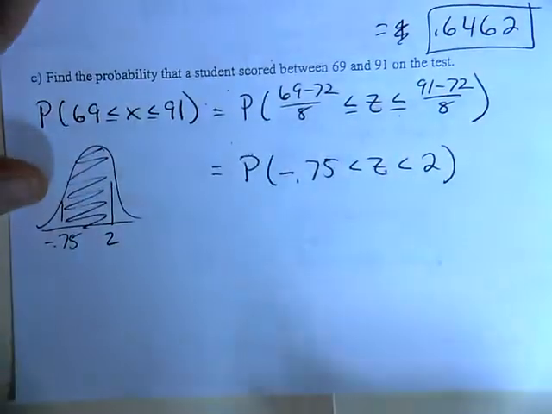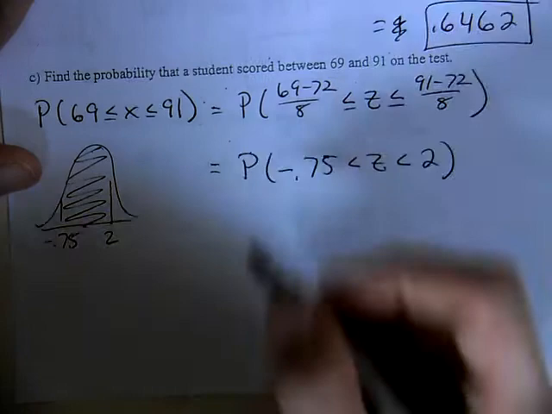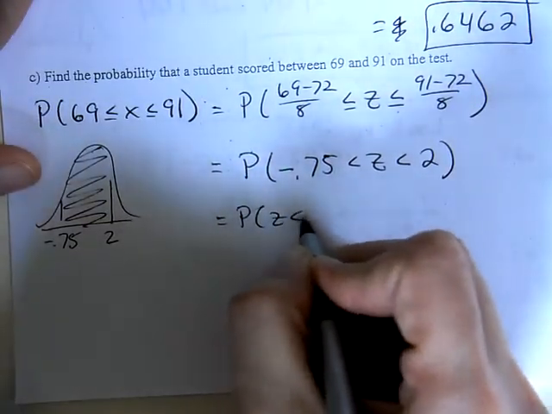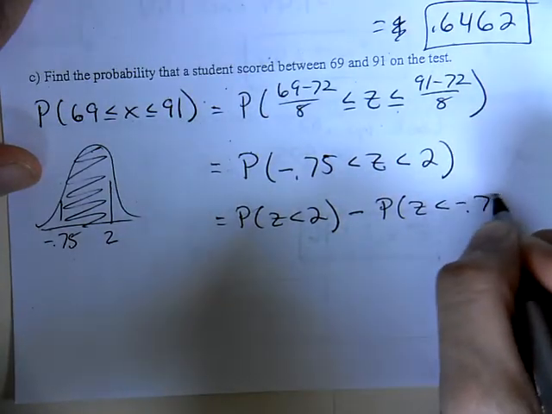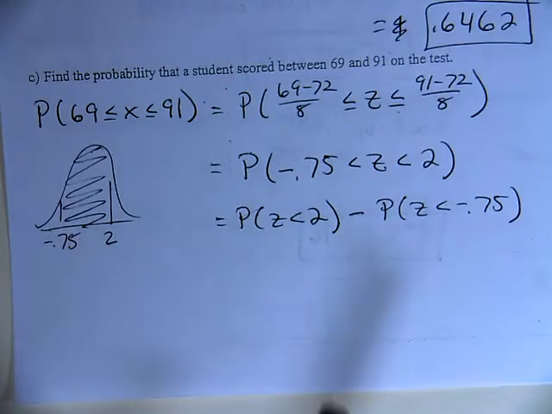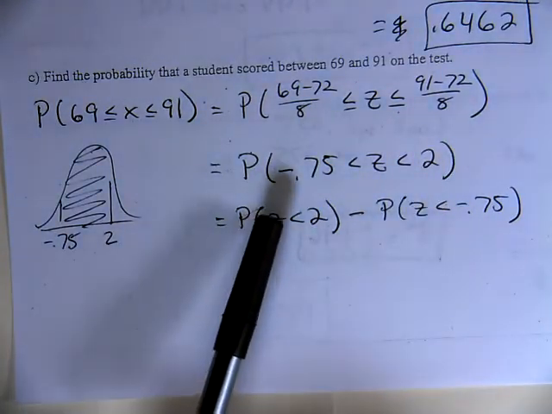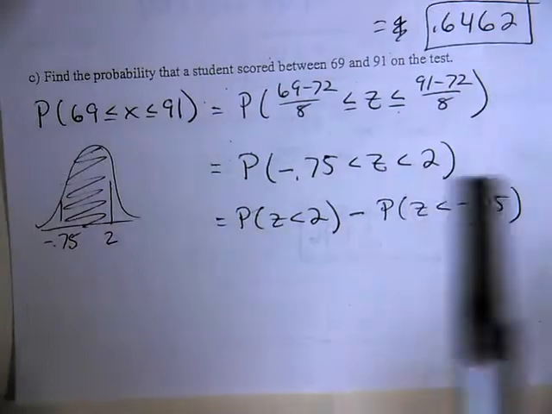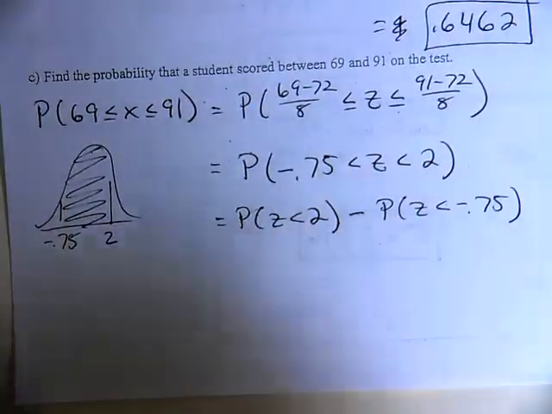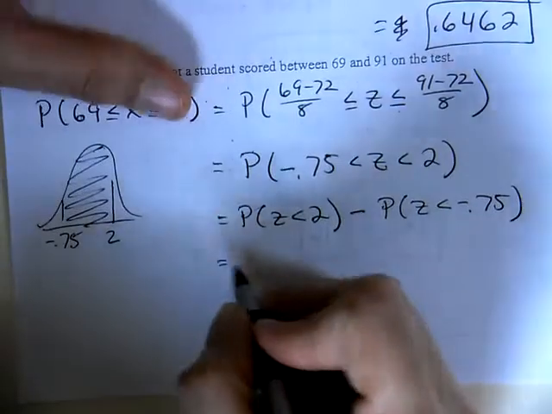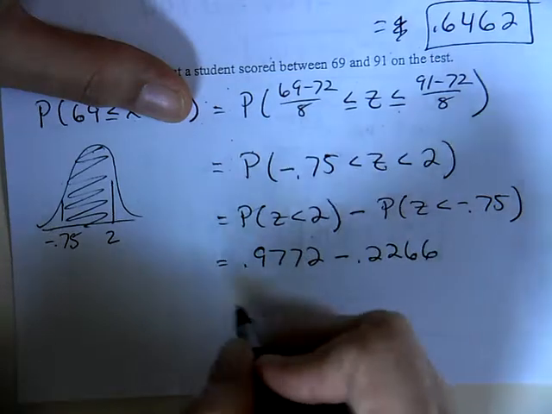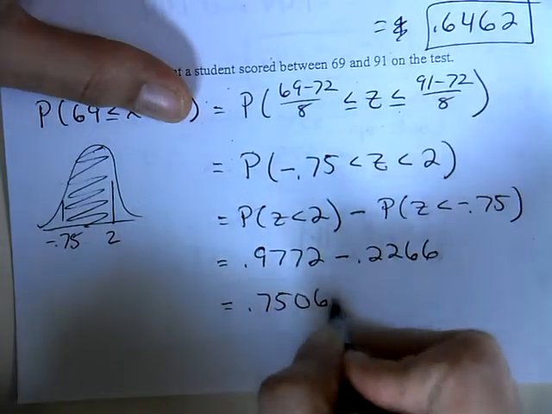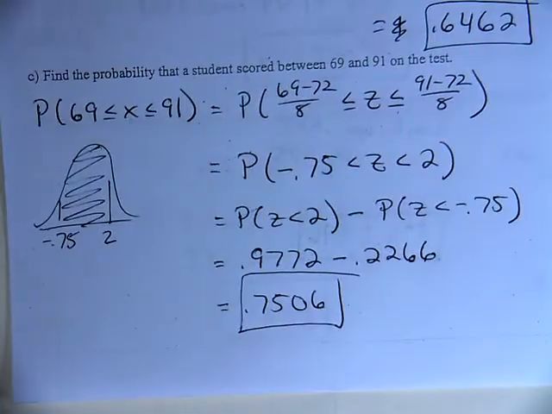So I'm going to look up the probability z is less than 2, and subtract the probability z is less than negative 0.75. The biggest mistake people will make is they'll do 2 minus 0.75 and then look up that z-score. You want to look up the z-scores first, then subtract. So 0.9772, 0.2266, so 0.7506.